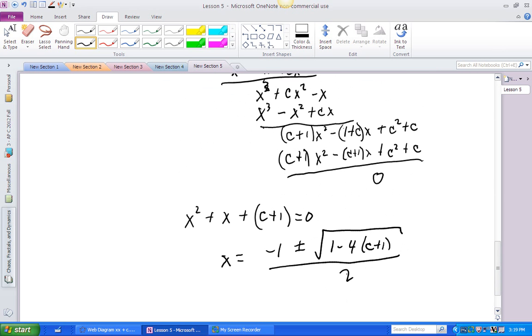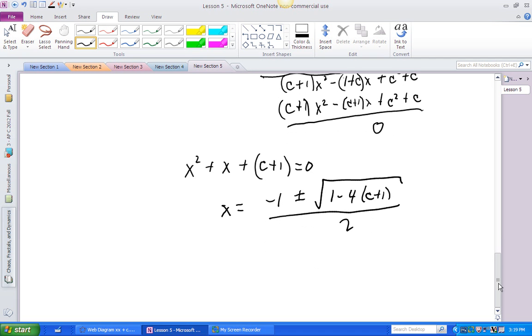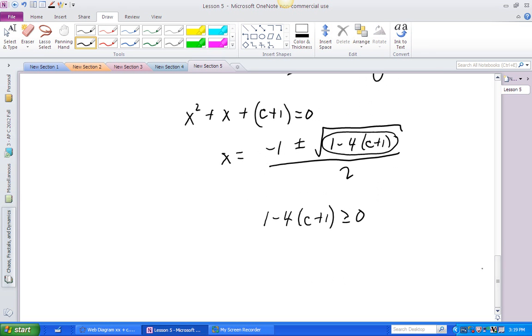And plugging into the quadratic formula, this is what I get. And this solution is not going to be real unless that's greater than or equal to 0: 1 minus 4 times c plus 1. So I take 1 minus 4 times c plus 1, that's greater than or equal to 0, and I move the negative 1 over to the other side.